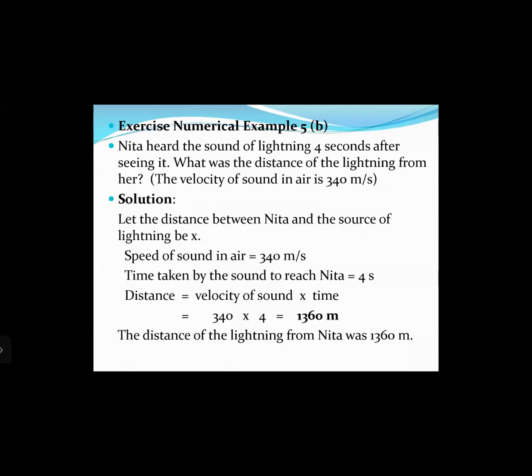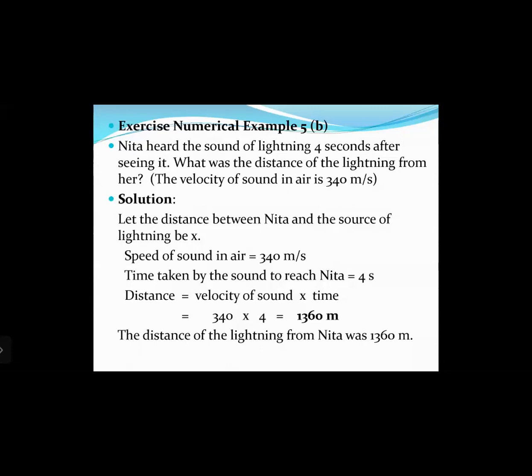Time taken by the sound to reach Nita is 4 seconds. We know velocity of sound equals distance upon time. So distance is equal to velocity of sound multiplied by time. So that equals 340 multiplied by 4, that equals 1360 meters. Thus, the distance of lightning from Nita was 1360 meters.